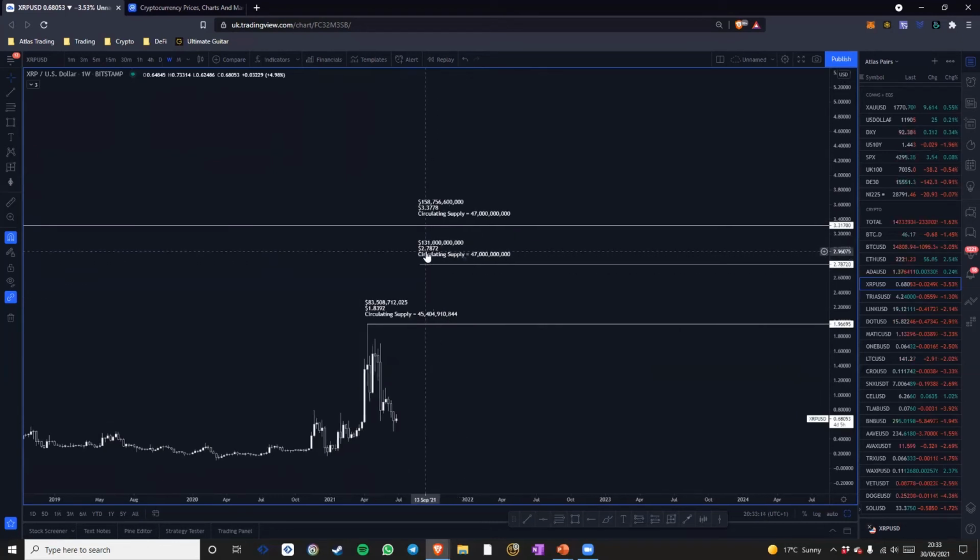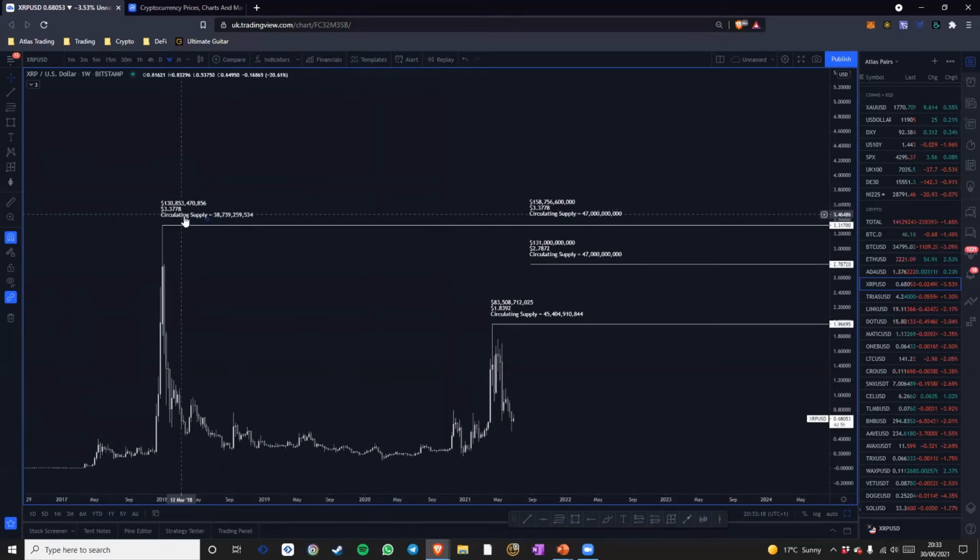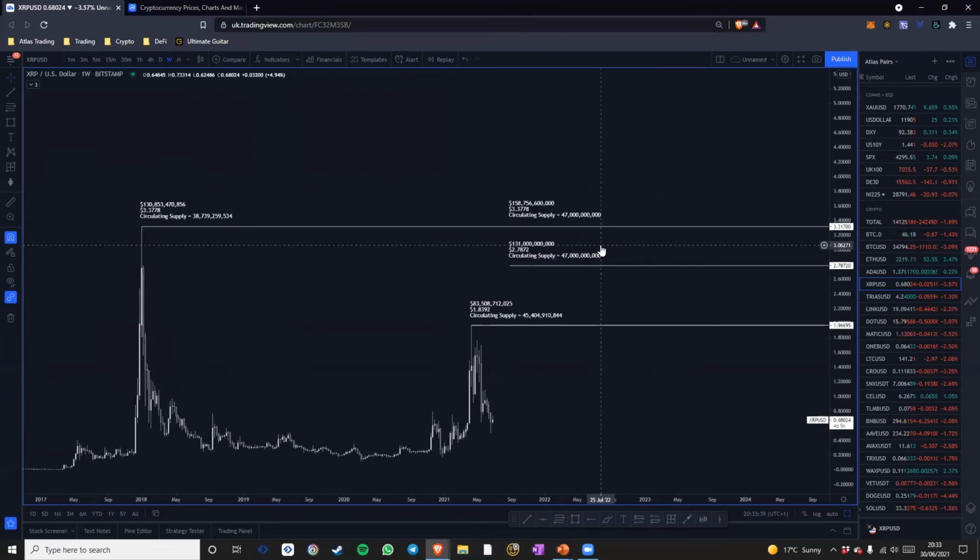That gives us a price of $2.78, which is a big difference from $3.37, and the market cap is the same. It's just that the circulating supply has increased over time. So there's actually more XRP for people to buy and trade, which basically means the asset is less scarce and therefore not seen as valuable, through basic supply and demand principles.